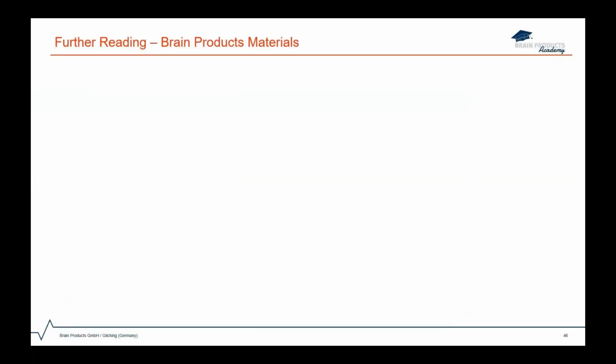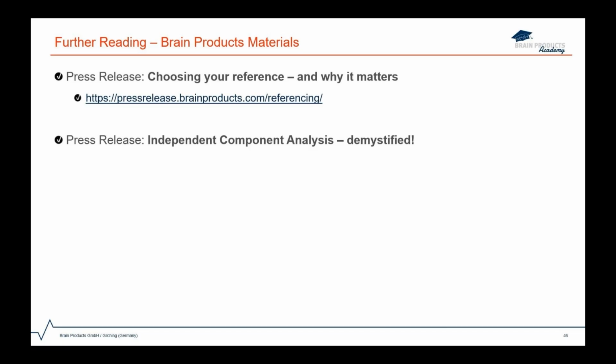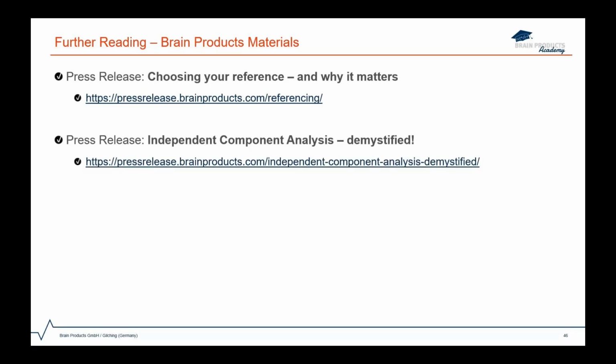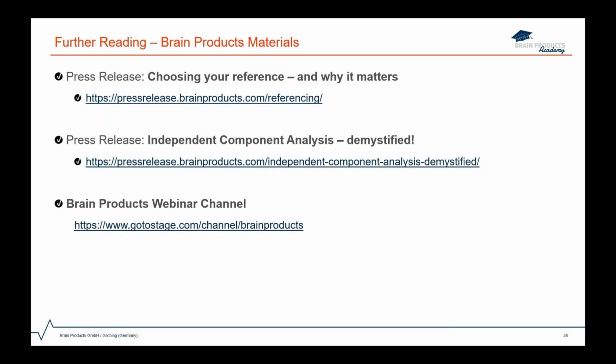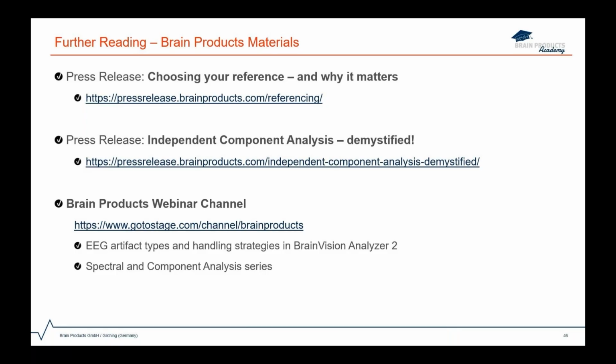After these questions, I would like to recommend some further reading from our materials: our press release, Choosing Your Reference and Why It Matters; also our press release on independent component analysis, and the Brain Products webinar channel, where you can find deeper explanations of the different transformations and procedures that we observe. For example, the webinar on EEG artifact types and handling strategies, and spectral component analysis. There is a series of webinars about this, and likewise an EEG-fMRI series of webinars.